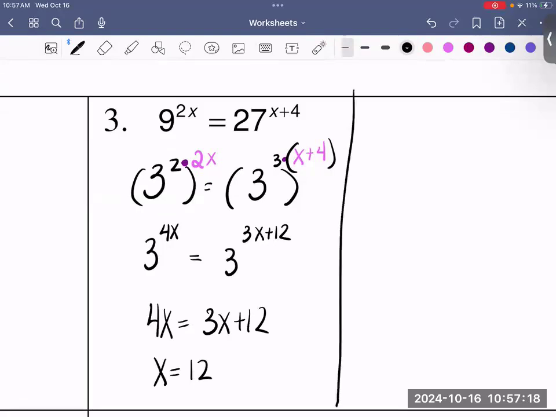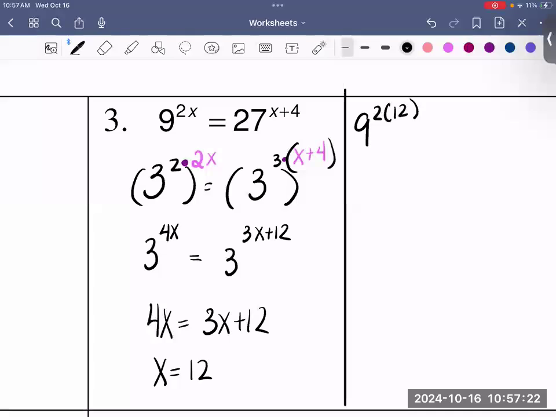And let's go ahead and double check. So we have 9 to the 2 times 12 is equal to 27 to the 12 plus 4. So we have 9 to the 24th is equal to 27 to the 16th. And again, let's say we don't have a calculator.